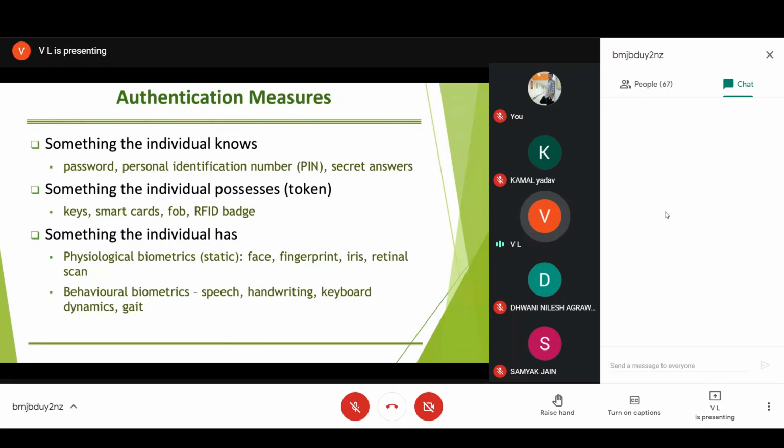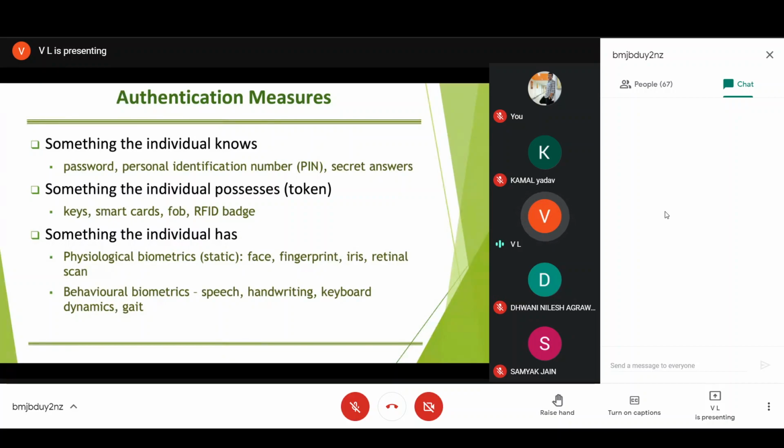Now the problem in the password is that it is now the onus of the user to ensure that he or she selects a hard password, a password which cannot be guessed by other people. But we all are human beings, and generally we would like to create a password that is easy for us to remember. So most commonly, the people would use passwords which are very simple for them to remember.